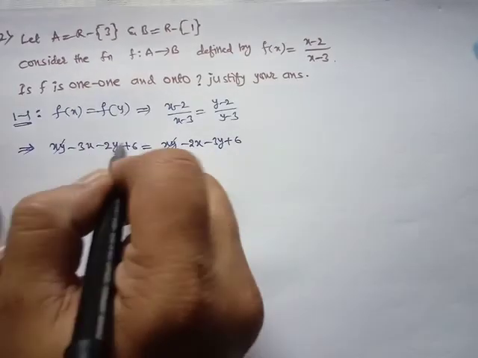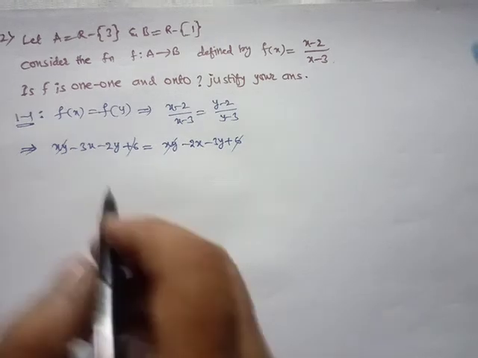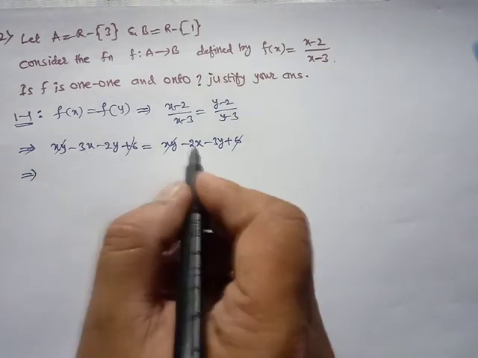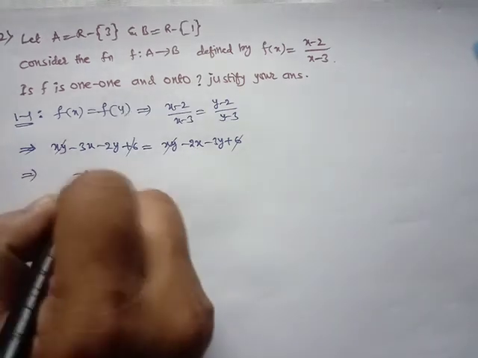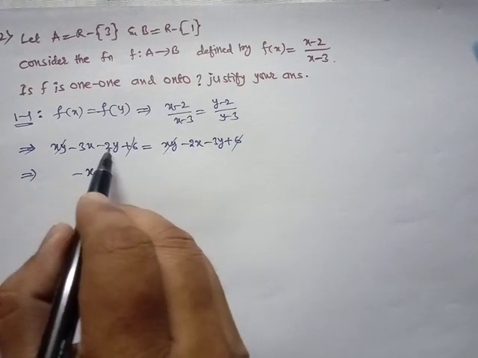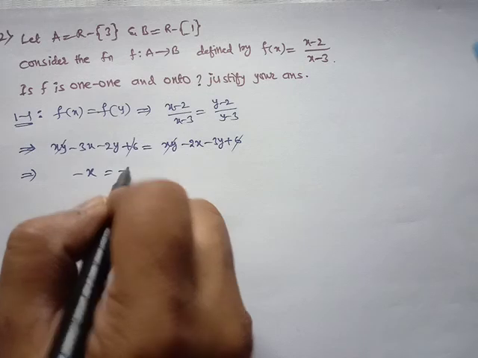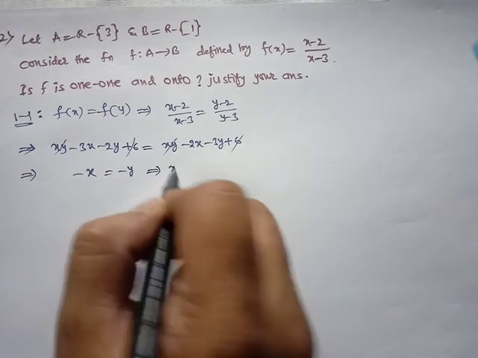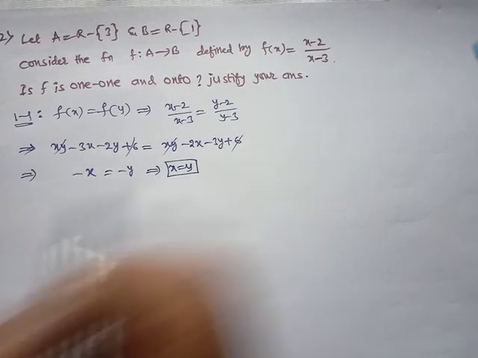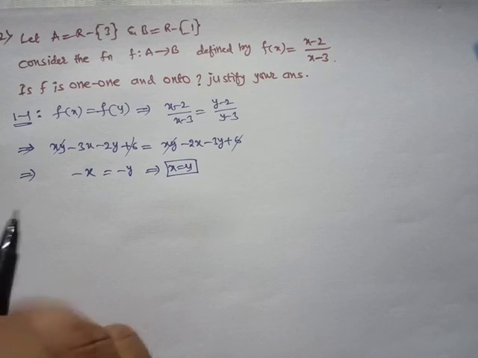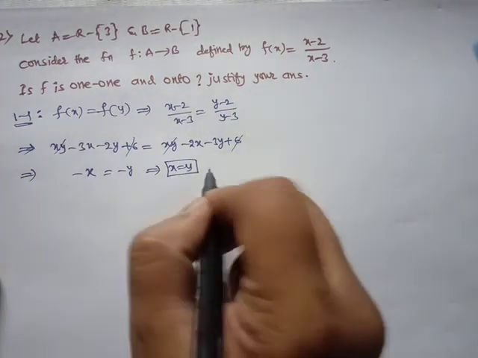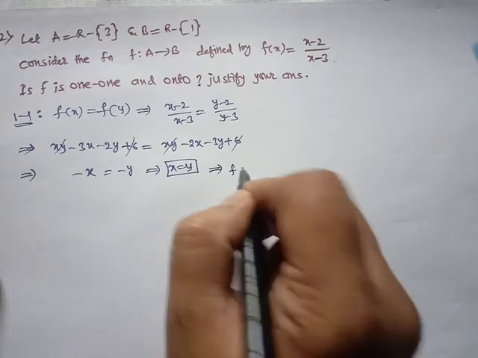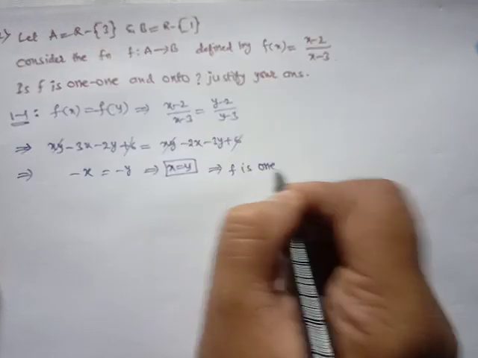So xy gets cancelled, plus 6 gets cancelled, and minus 3x plus 2x is nothing but minus x. Sending minus 2y to the right-hand side, it is minus y plus... so this implies x is equal to y. We have taken f of x equal to f of y and we are getting x is equal to y. So this implies f is one-one.